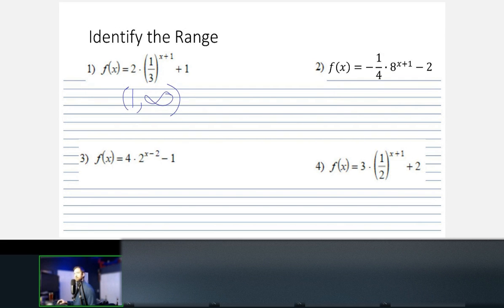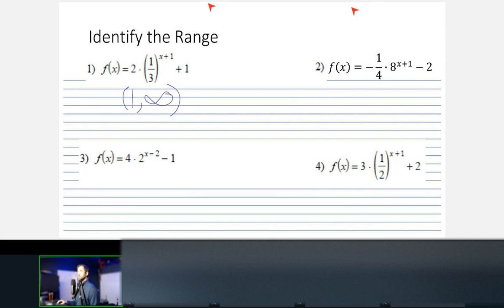All right. What is the answer to number two? I saw some of you put it in chat already. Negative infinity to negative two. Yes. This one has a vertical shift down two, but the negative causes your graph to flip.